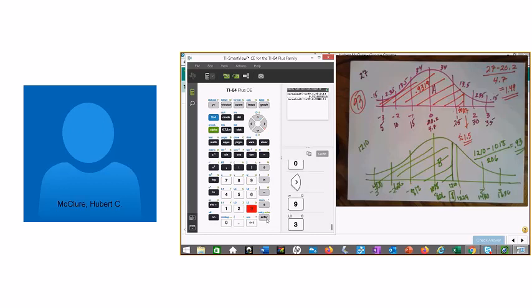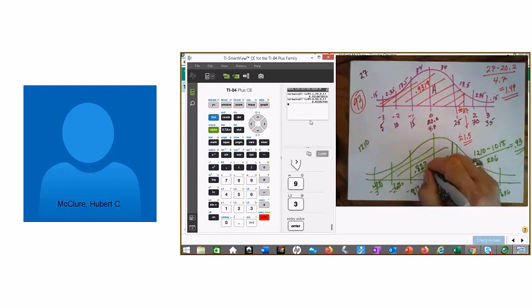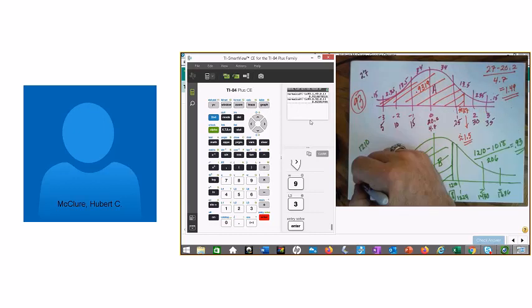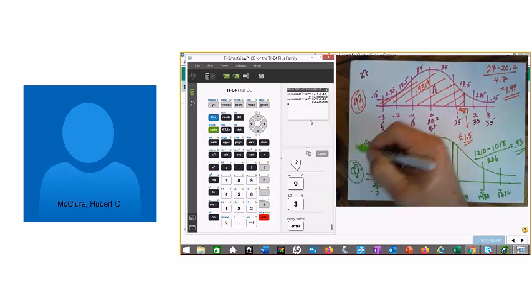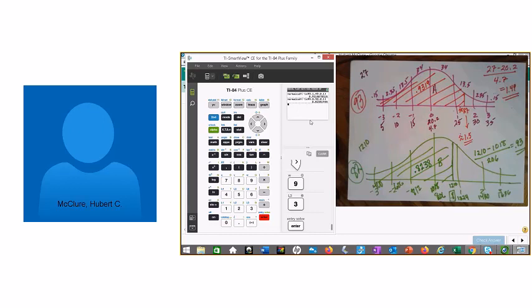Enter. And that gives me 0.8238, which is an 82. Now it doesn't take a rocket scientist to know that the grade on A is a whole lot better than the grade on B.